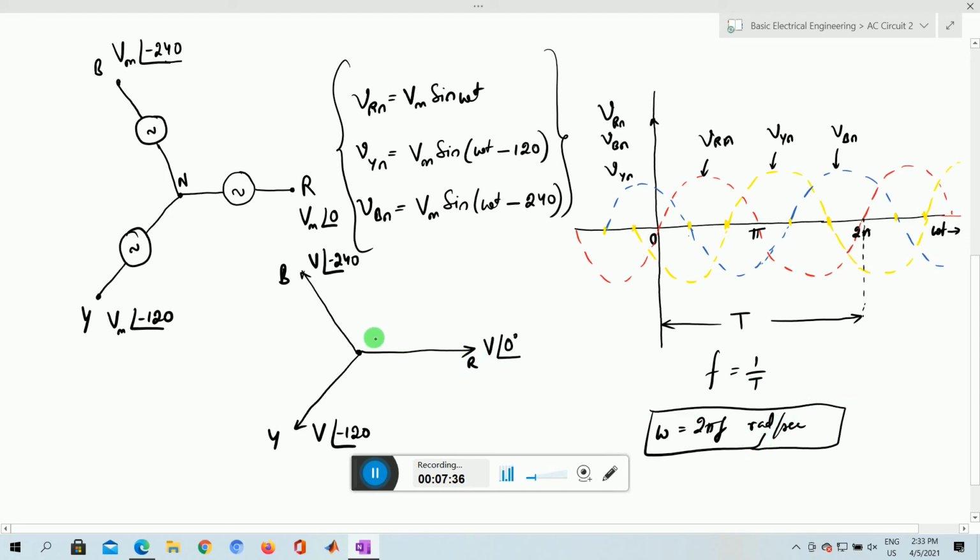So this is what we have seen: in time they are displaced by an angle of 120 degrees from each other, and we also draw the phasor diagram with VR at 0 degree, VY in the direction of minus 120 degrees, and VB in the direction of minus 240 degrees.